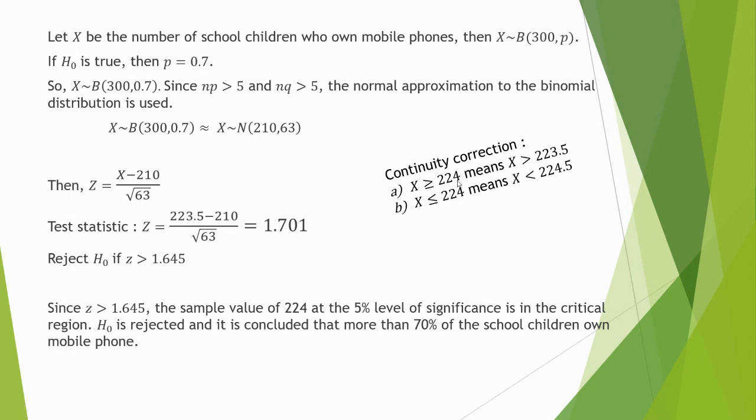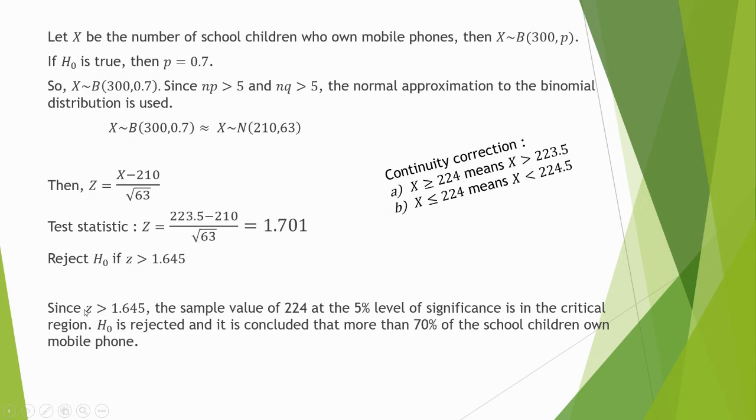Considering the continuity correction, you have to consider 0.5 before 224, which means that your x must be greater than 223.5. So you have to consider this 223.5. Then 223.5 minus 210 divided by the square root of 63, and you get 1.70.